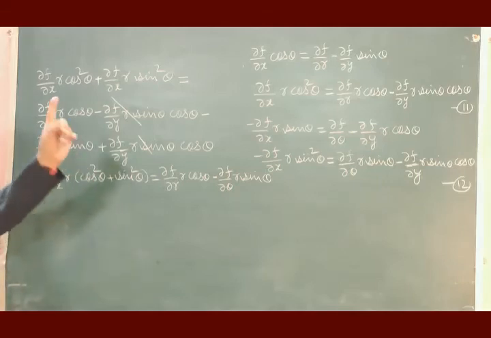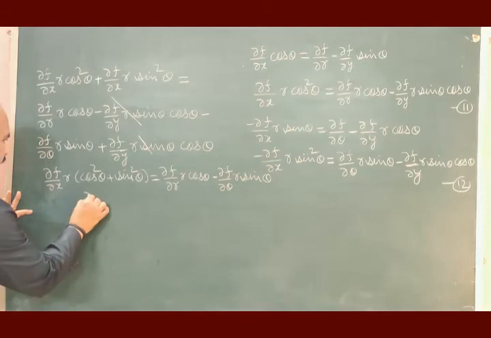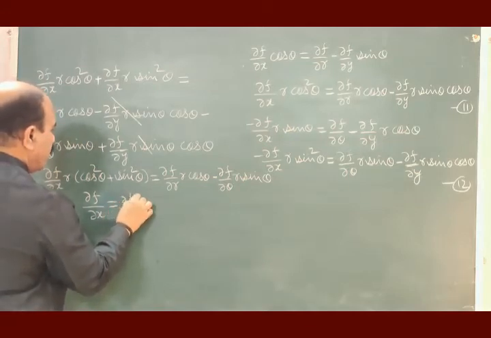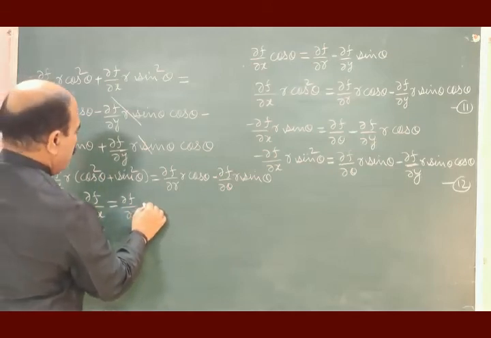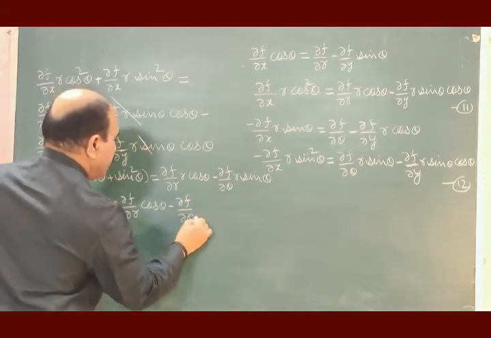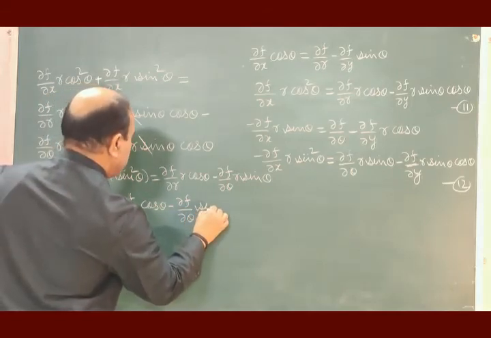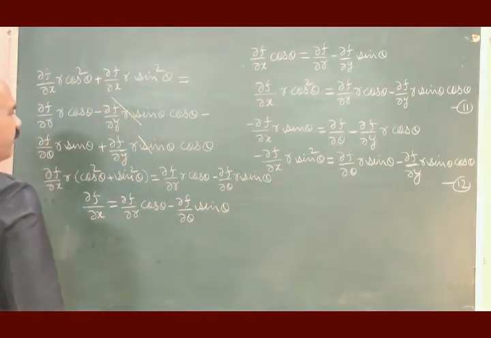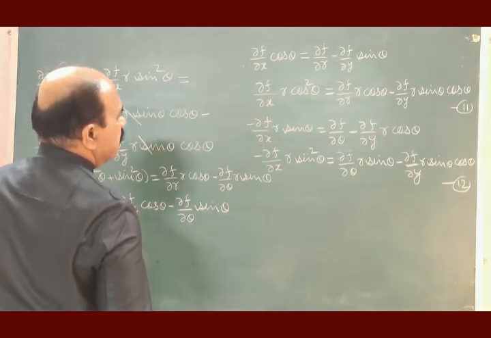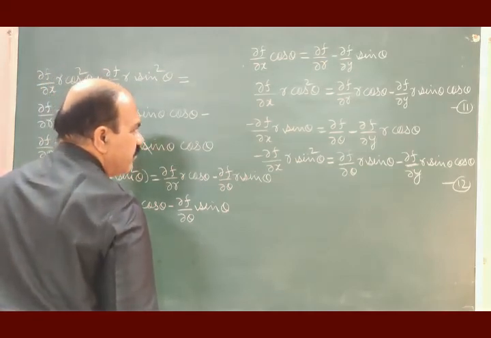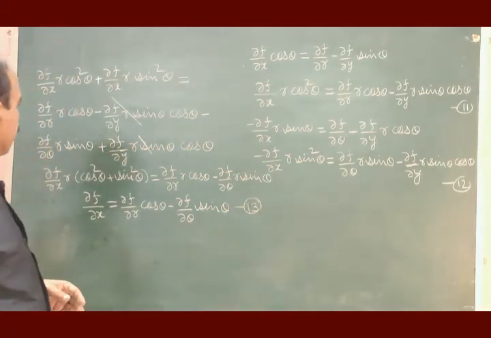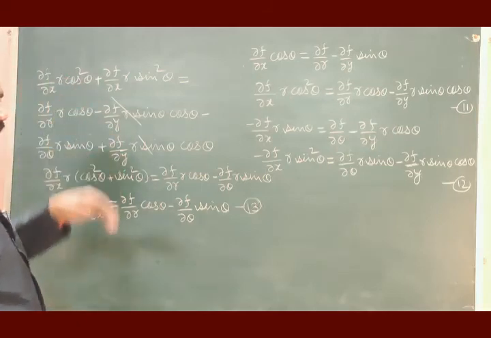Cos square theta plus sin square theta is 1. Send this r to the other side to get dou f by dou x equal to dou f by dou r cos theta minus dou f by dou theta sin theta, this is equation number 13.